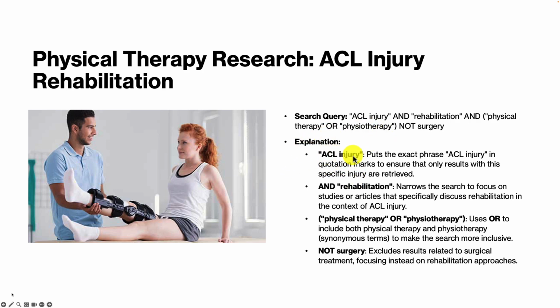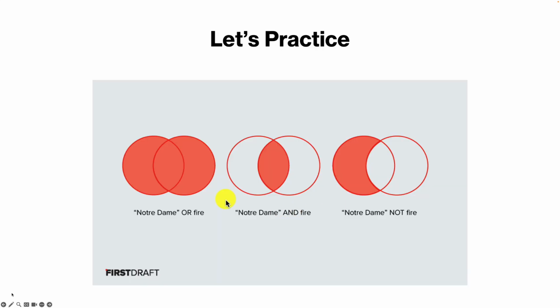So ACL injury, this puts the exact phrase into the computer. I want to find ACL injury in quotation marks. And this ensures that only results with that specific injury are going to be retrieved. Then I add and, right? And we know that and, where's and at? Here it is. It's going to narrow things and get them more specific.